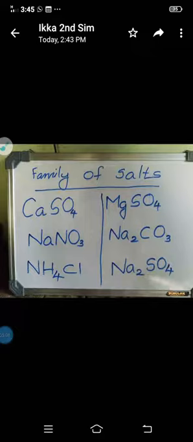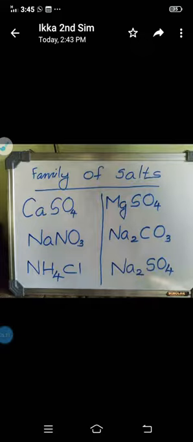Okay, I think you got the answer. First one, CaSO4. It is obtained from calcium hydroxide and H2SO4. Second one, NaOH and HNO3. Third one, ammonium hydroxide, NH4OH and HCl.